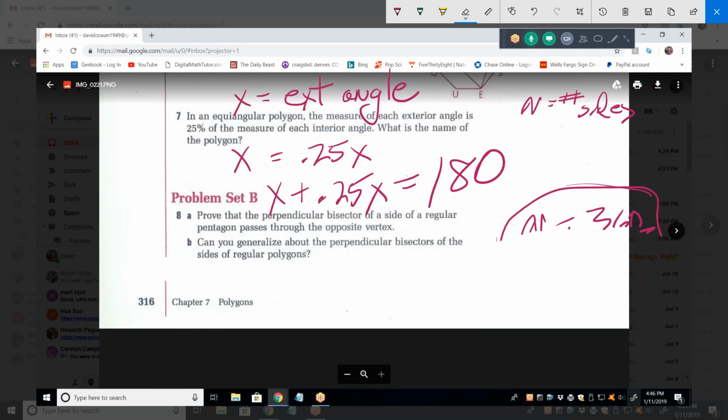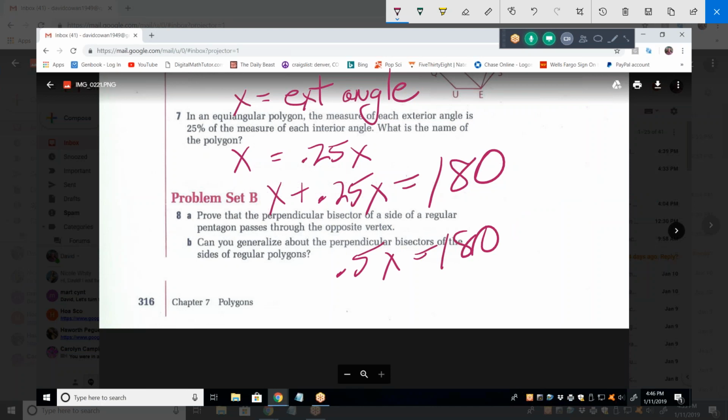Let's forget all this over here. That gives us 1.25X equals 180... X equals 360. How can an interior or an exterior angle be equal to 360? It can't be. Does not exist.